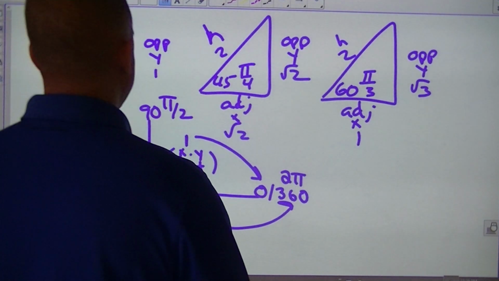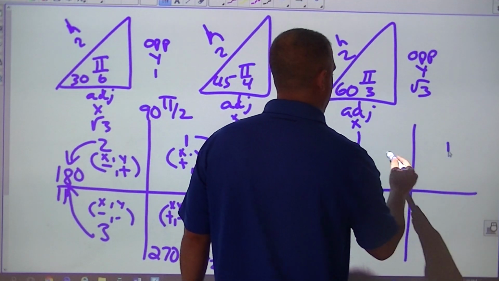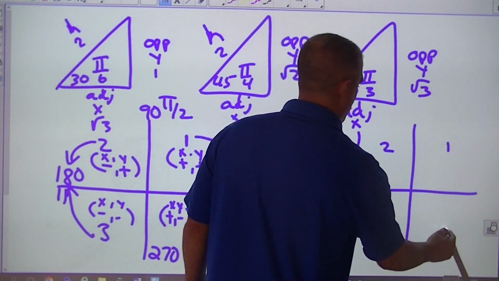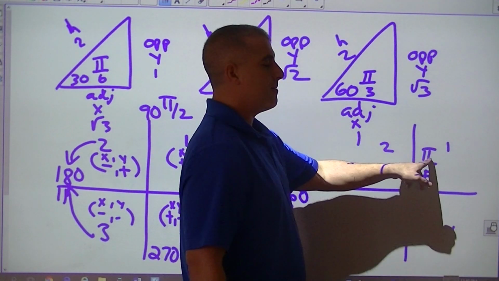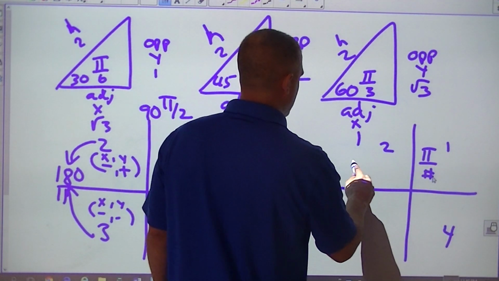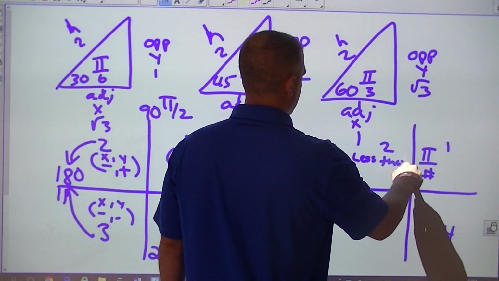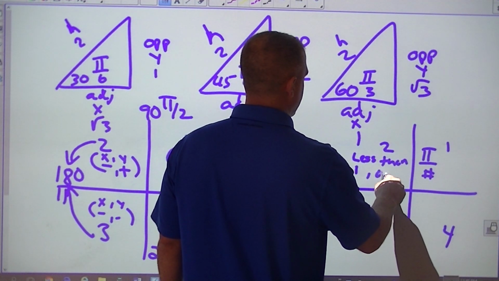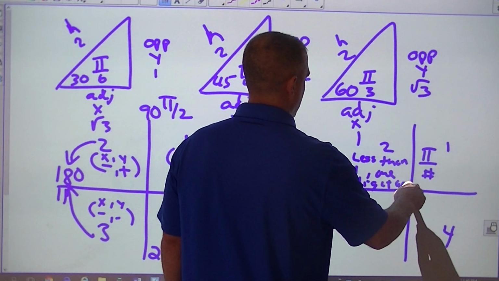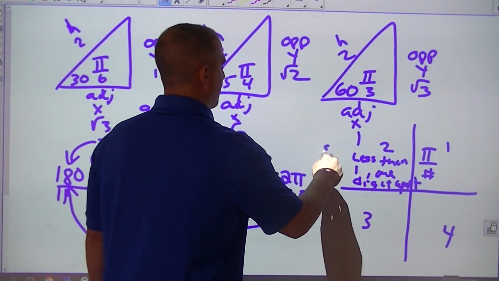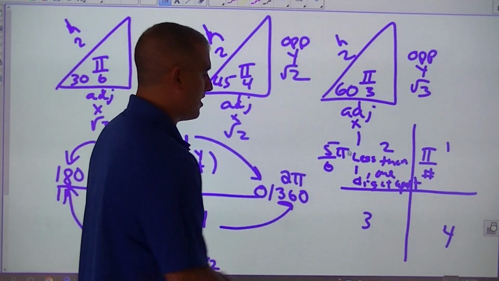Now, when we look at radian measures, this is something to keep in mind to figure out quads 1, 2, 3, and 4. If you've got pi over your number, that is going to be in quad 1. These two quadrants, this will be less than 1, one digit apart. For example, 5/6 pi is less than 1. 5 and 6 are one digit apart.